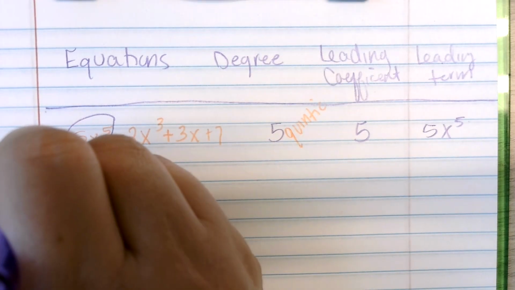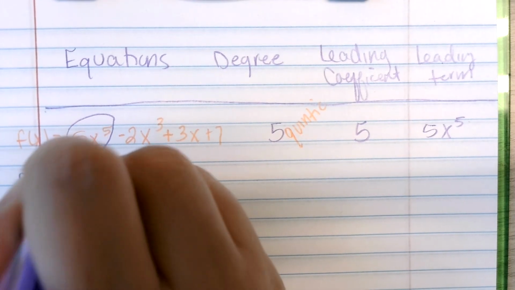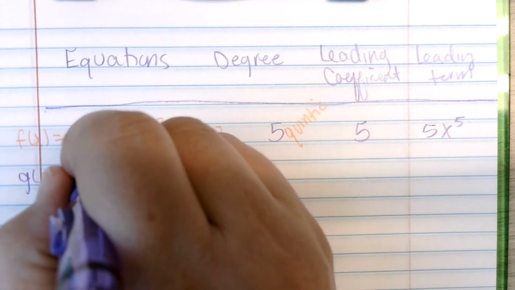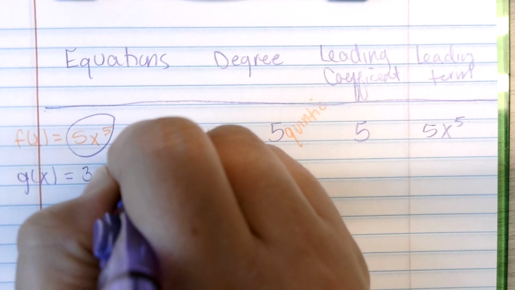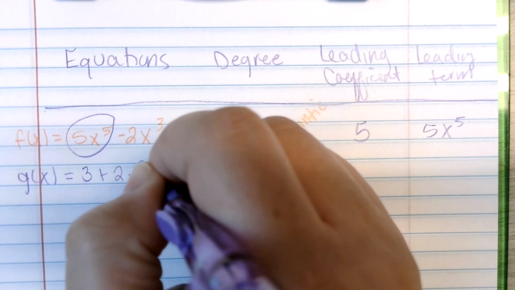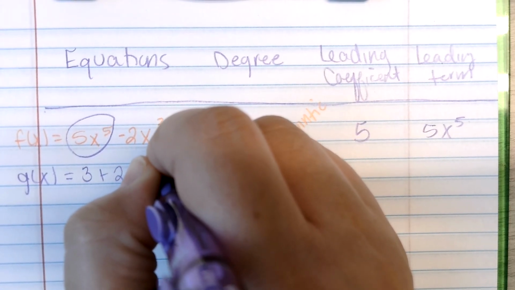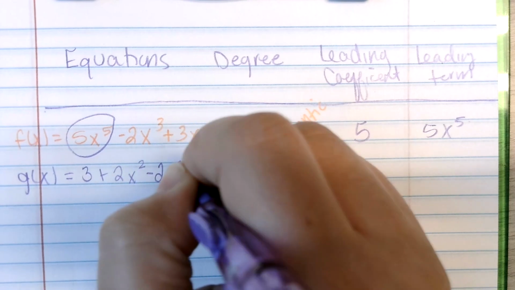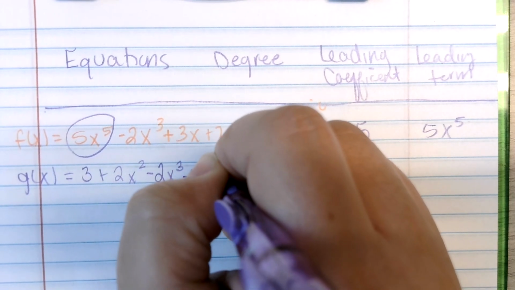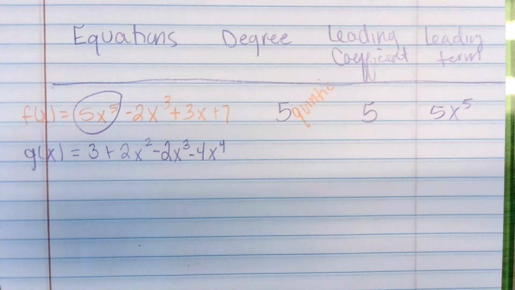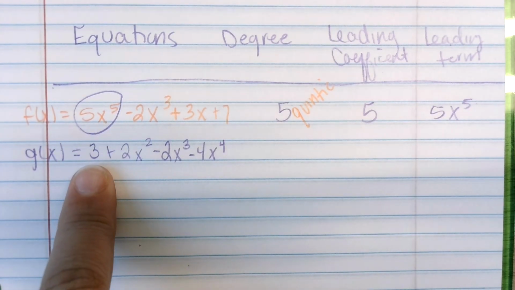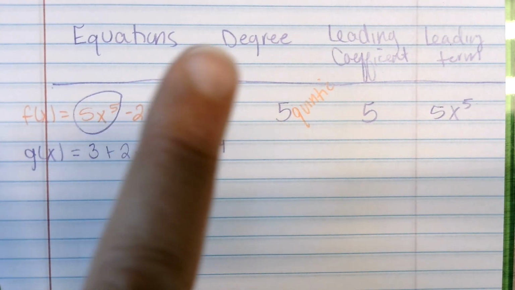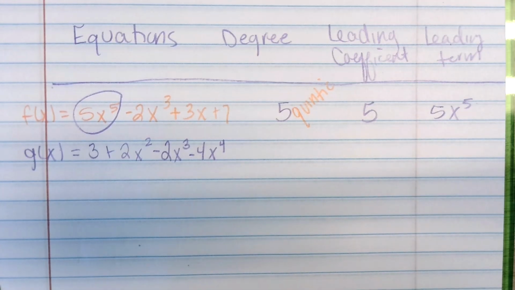Okay, the next function, let's say g of x is equal to 3 plus 2x squared minus 2x cubed minus 4x to the fourth. Okay, I'm trying to trick you on this one. Please be careful. It's not always the first term that is our leading term. It is the term with the highest power.